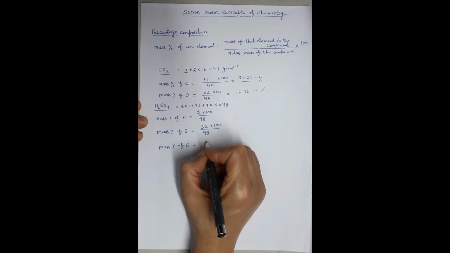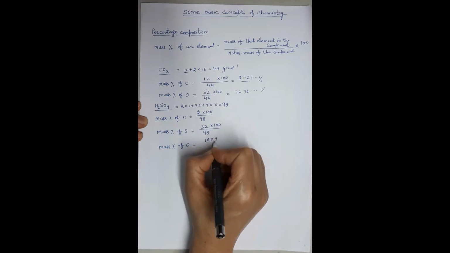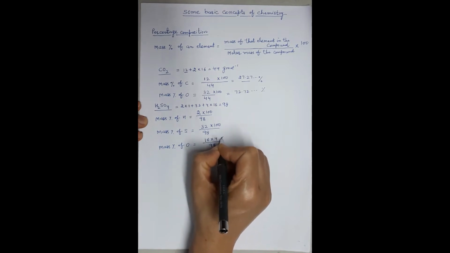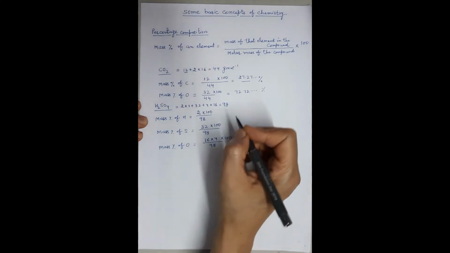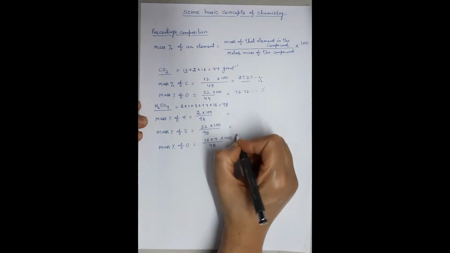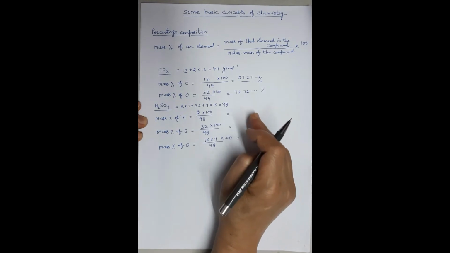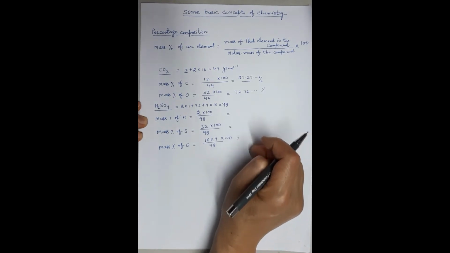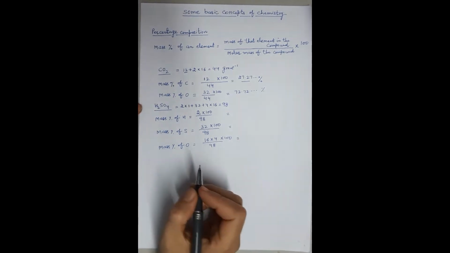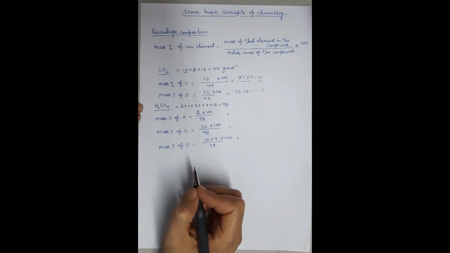One is 16, so 16 into 4, divided by 98, into 100. So you calculate the mass percentage of each element, and if you do the sum total of the 3, it comes out to be 100. Beta, the next topic is to find out the molecular formula from the empirical formula.